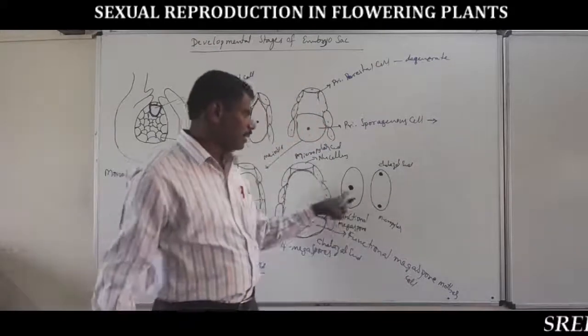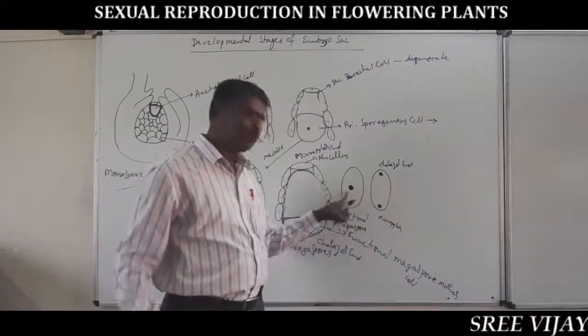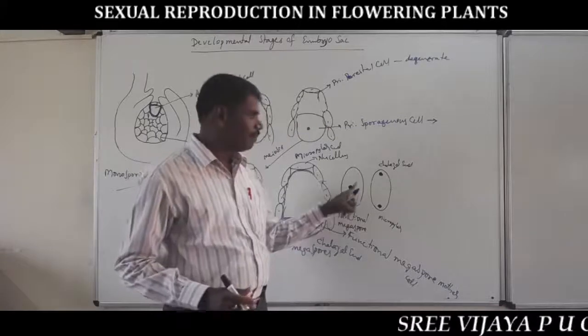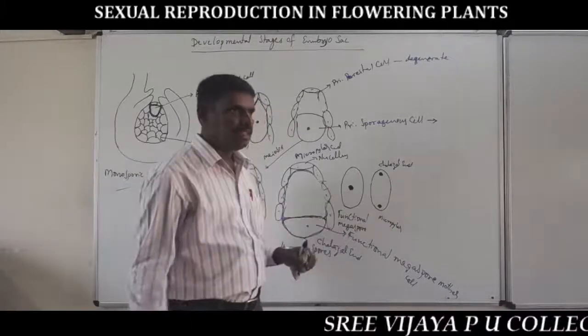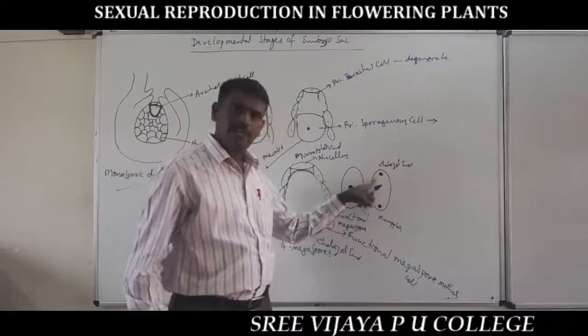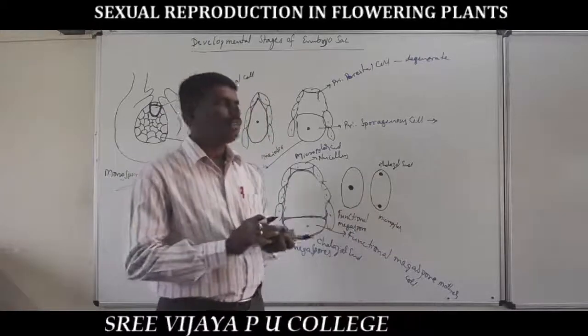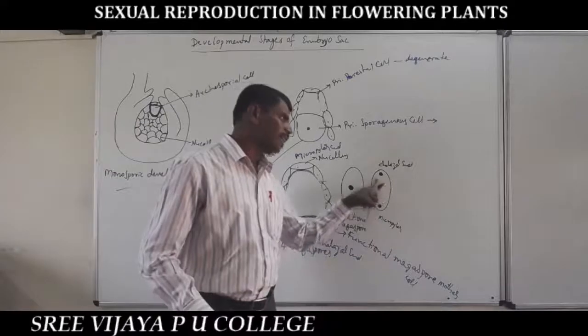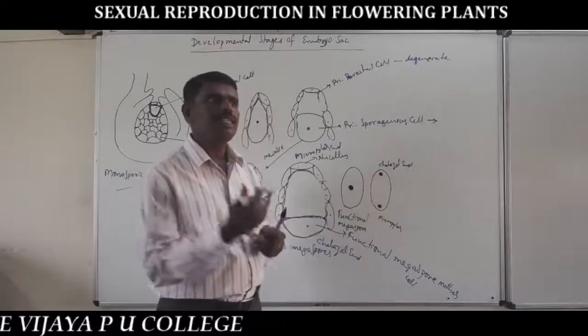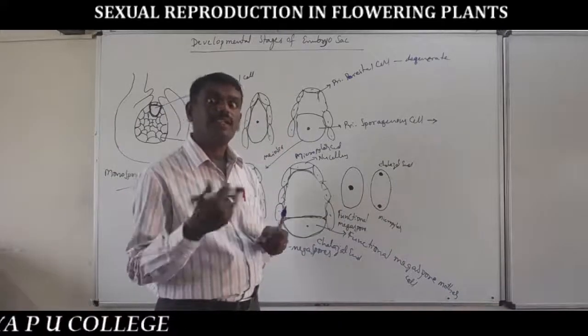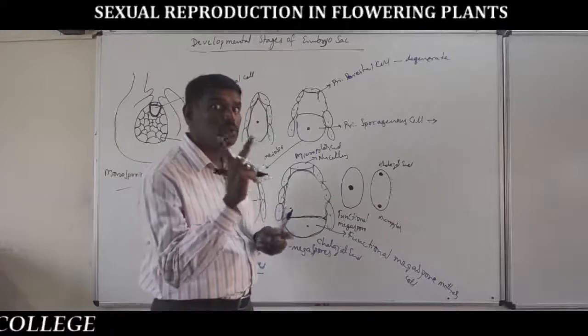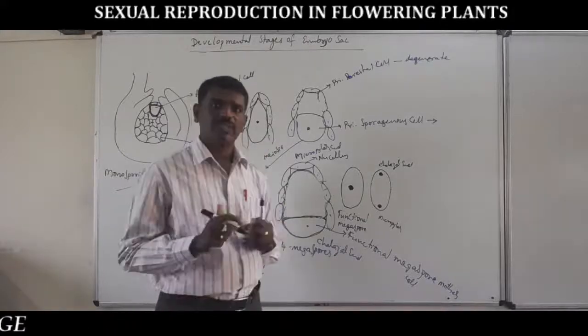The nucleus of the functional megaspore divides mitotically to produce two nuclei, each of which moves towards the opposite poles without a cross wall. These nuclei continue to divide through one more two mitotic cell divisions.